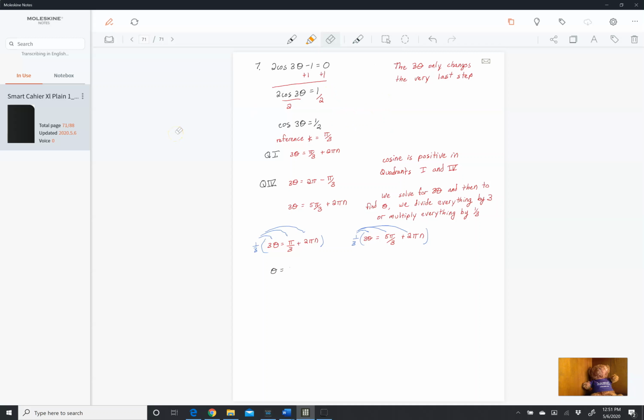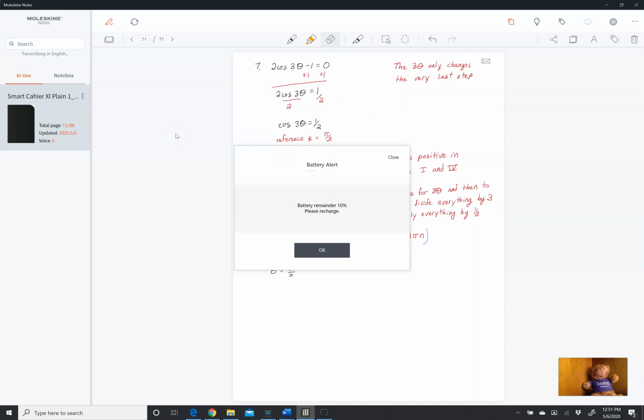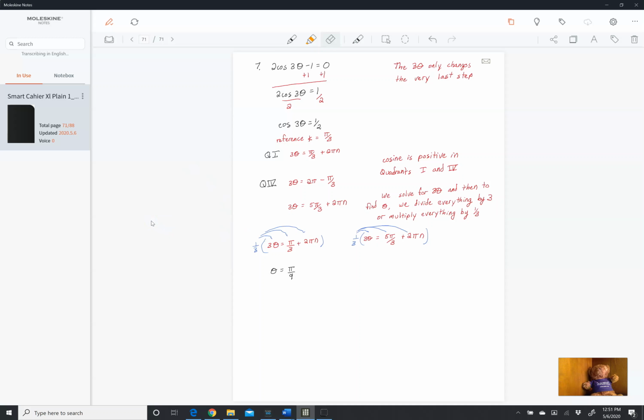Theta is equal to pi over 9 plus 2 pi n over 3. Here, theta is equal to 5 pi over 9 plus 2 pi n over 3.